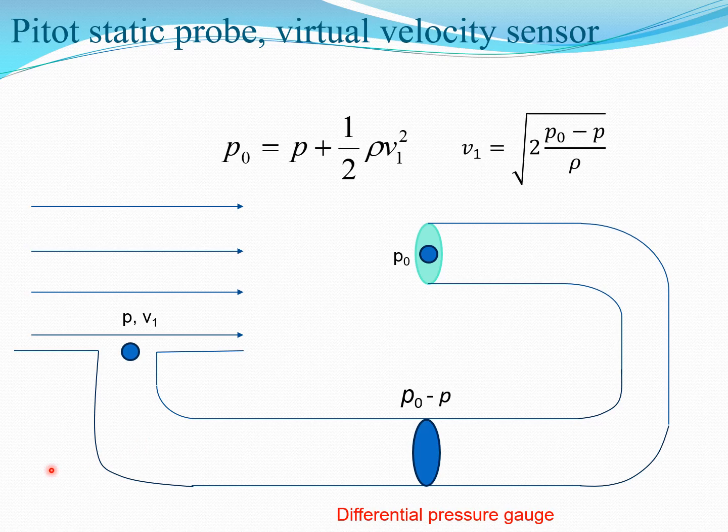So this is a schematic of the Pitot static probe. So we can see here that there is a general velocity of air here in front at some pressure P and velocity V1.